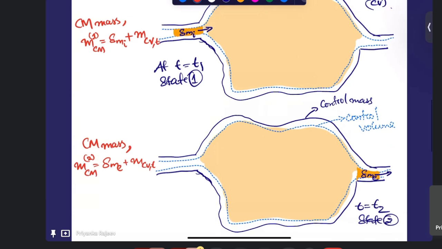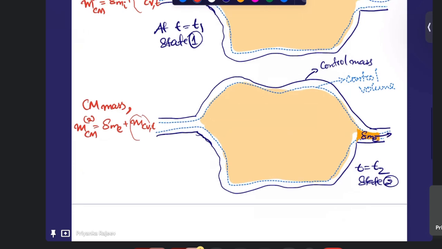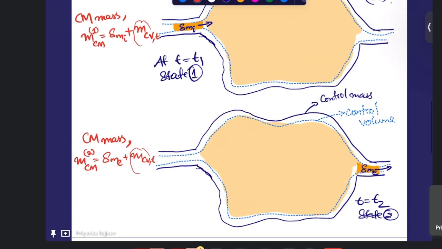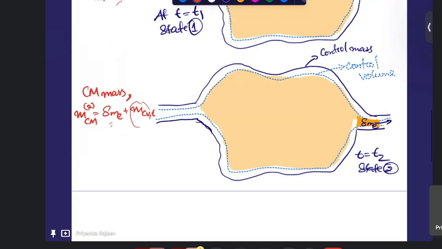Again, you can see the control volume mass is the same constant mass, so that is not changing. But the element that is entering and exiting I am taking as two different masses.